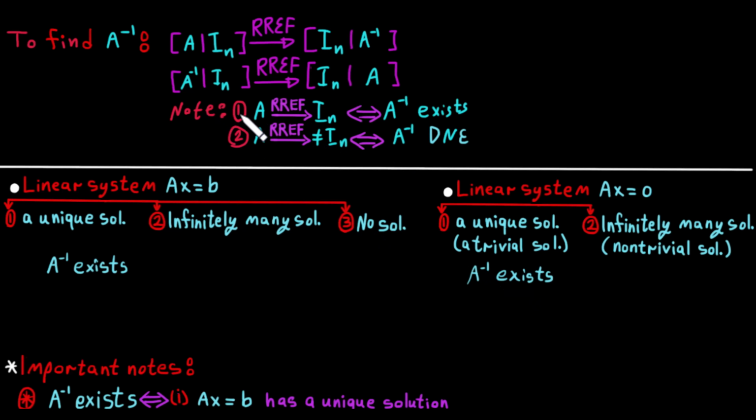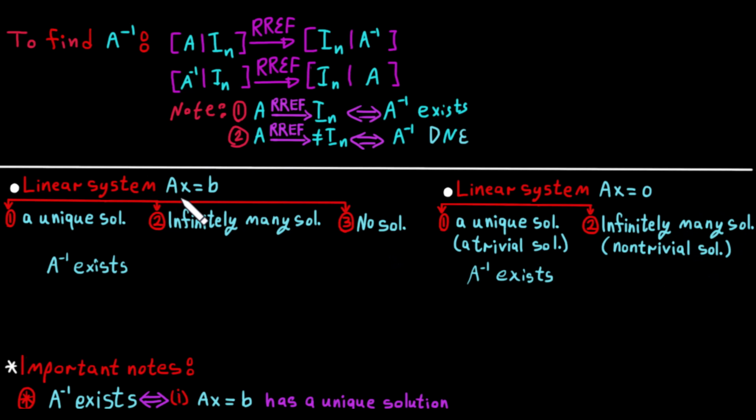The second important note: if you cannot transform A to the identity, then A inverse does not exist. In this one, we know that infinitely many solutions has a 0 row, and the same thing for no solution: it has a 0 row on the left, but on the right there is a non-zero number, so that's why it's no solution. But here we don't have no solution.